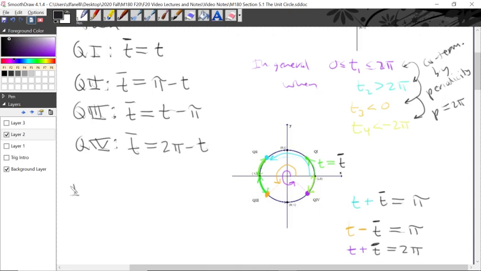In all cases, t bar, or t hat, the reference number, can be interpreted as the smallest distance to get back to the x-axis.